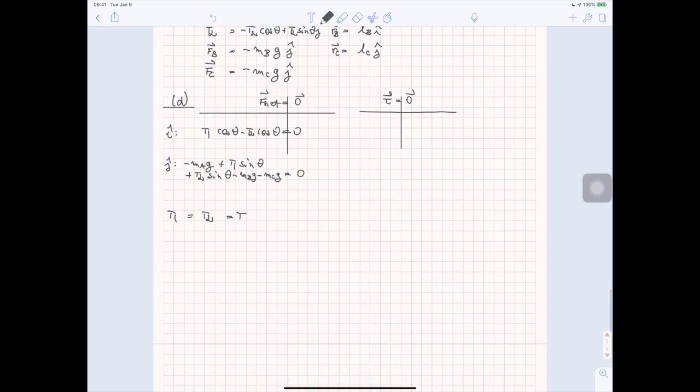Therefore you can solve this now for T. Because T is the same, you have 2T sine theta, and you bring all the mass terms to the other side. So T equals G times (MA plus MB plus MC) divided by 2 sine theta.